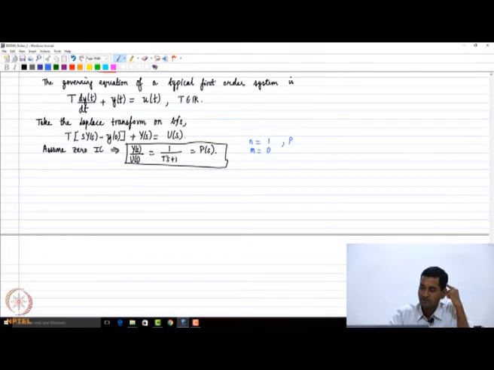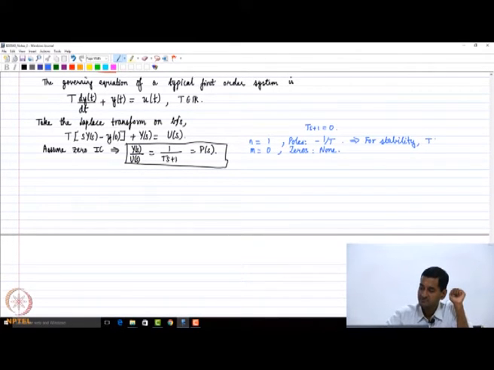So we have a pole at minus 1 over capital T. Ts plus 1 equals 0, so you need to solve Ts plus 1 equals 0, s equals minus 1 by capital T. As far as zeros are concerned, there are none.